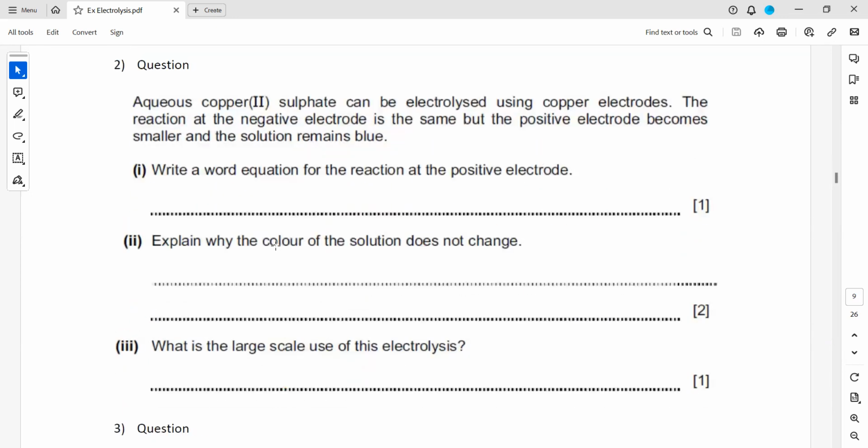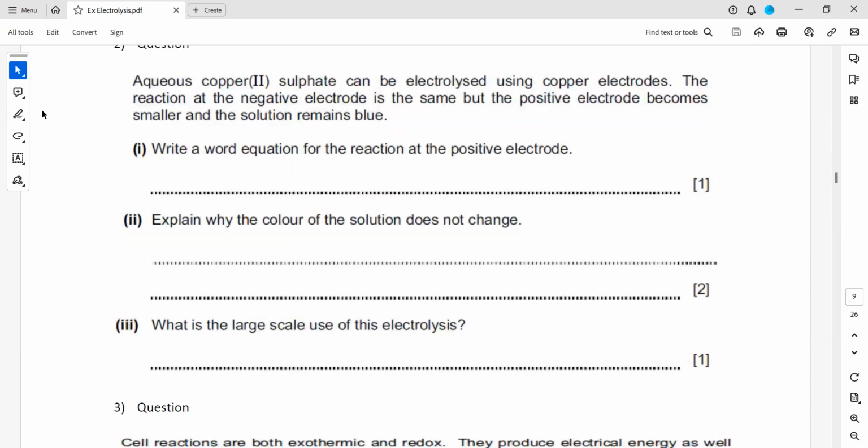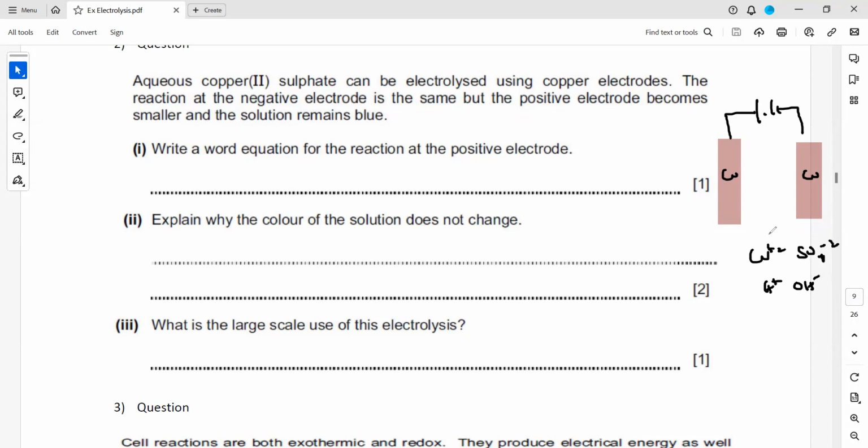In question 2, aqueous copper 2 sulfate is electrolyzed using a copper electrode. So we have a copper electrode in this case. And when we are doing the electrolysis, the anode and cathode are made of copper, and there's a copper 2 sulfate solution with copper ion, sulfate ion, hydrogen ion, and hydroxide ion.